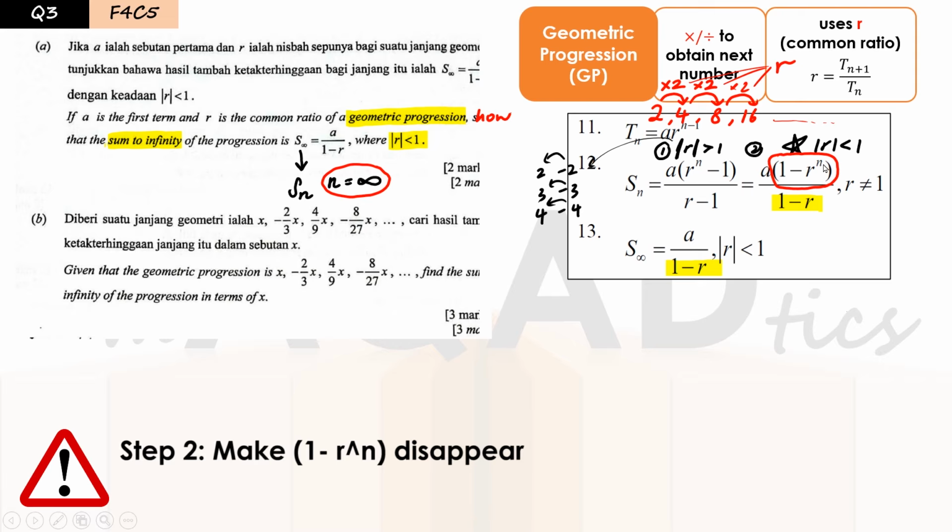So here let us change the value of n to be very, very big. Of course we cannot put infinity, so let's put a big value. And for the value of r here, let us use the example of r that I showed just now, which is 0.5.